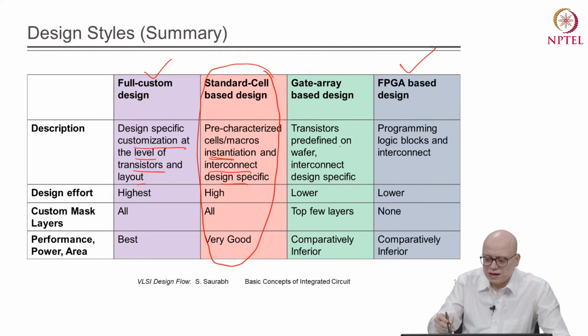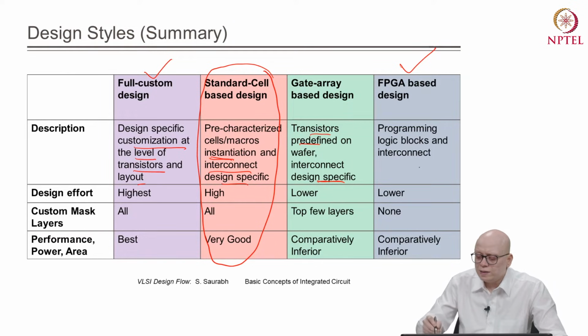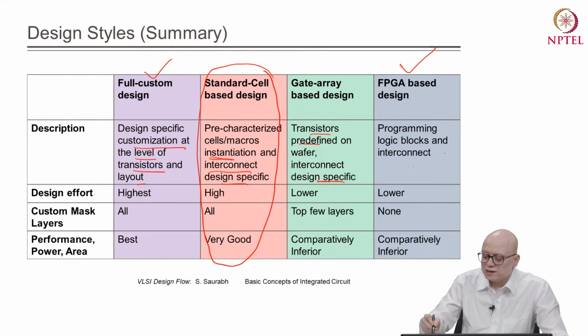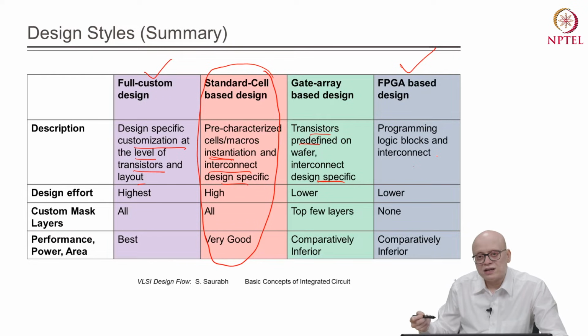In gate array based design, only the top level connections are design specific. The transistors are all predefined, and in an FPGA the complete hardware is predefined. We can only change things by programming: we can change the connections, and the functionality of individual logic blocks can also be changed.